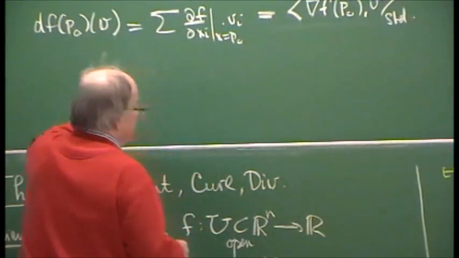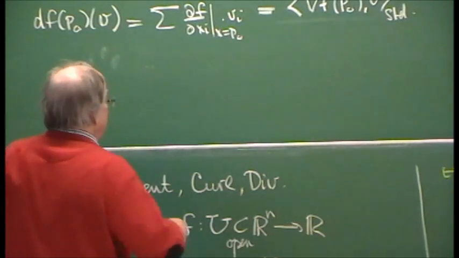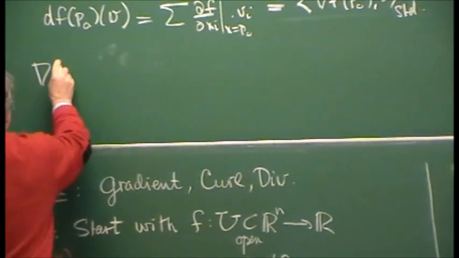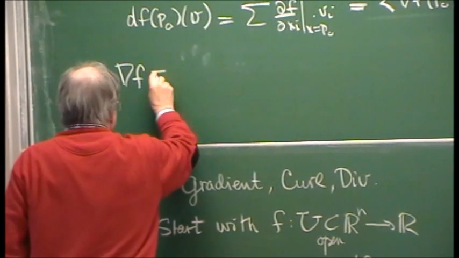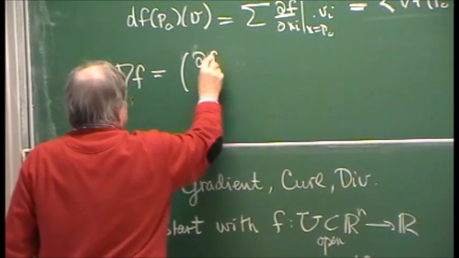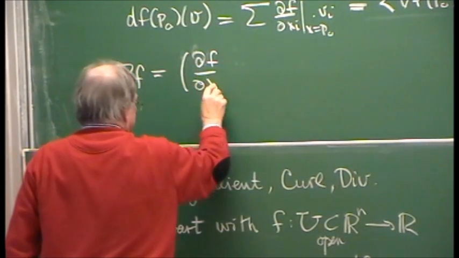So the gradient exists. Here it is. Let me write it again just for the record. The gradient of f is a vector field. I've evaluated it here.